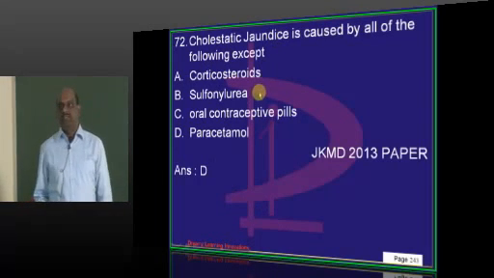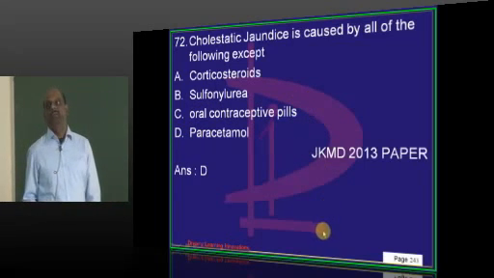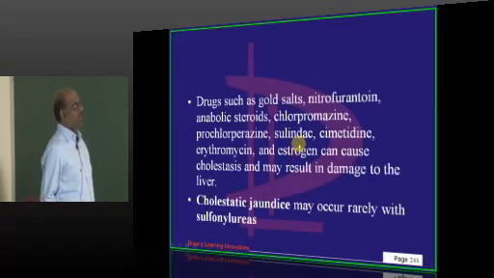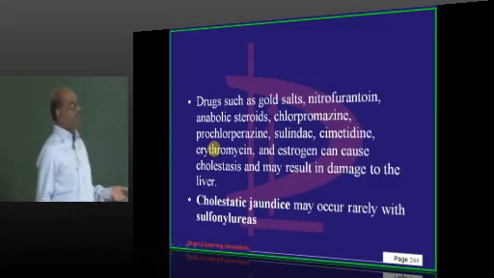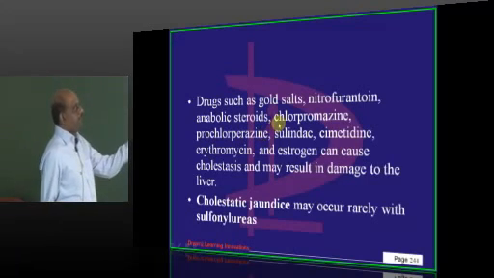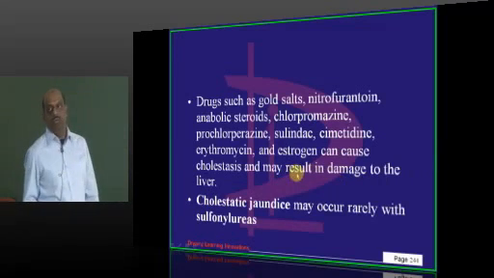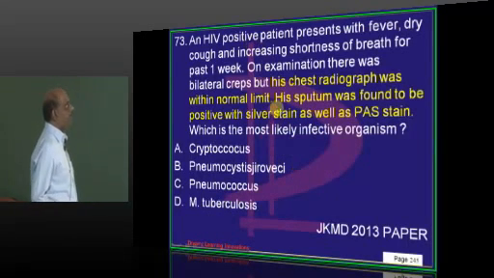Cholestatic jaundice is caused by OCP, steroids, sulfonylureas. All of them are known to lead to the development. Gold salts, nitrofurantoin, which is a sulfa product, and sulindac, chlorpromazine, erythromycin, estrogen, they are all known to lead to cholestatic jaundice.